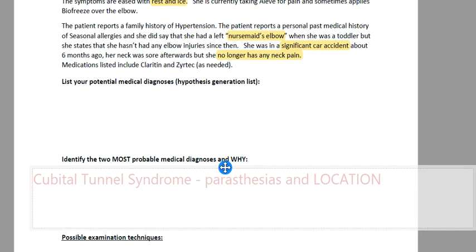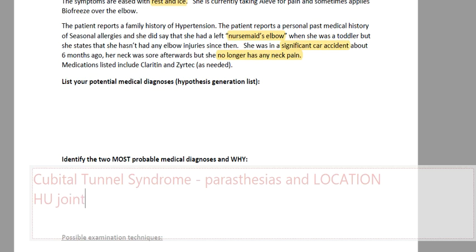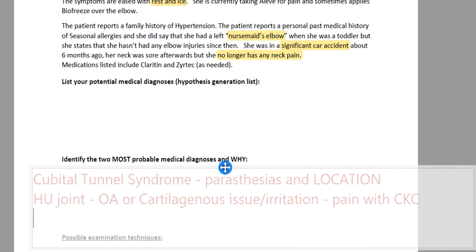With these differential diagnoses, location is really important. I think it's also very probable that she has some type of humeral ulnar joint issue, whether that would be an OA or cartilaginous issue slash irritation. And the justification for that is she has pain with closed kinematic chain activities, so I think that seems probable.